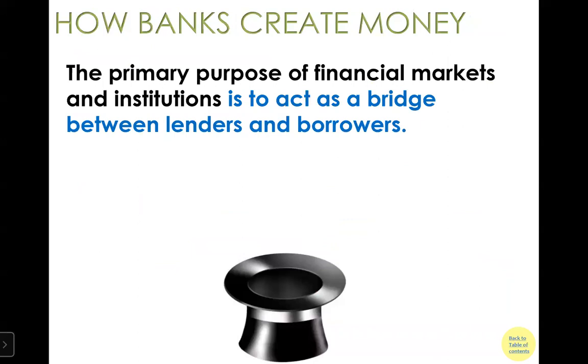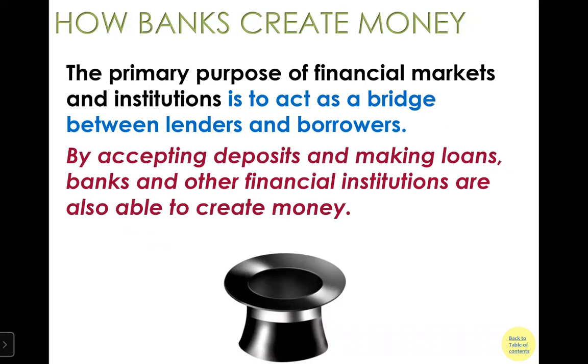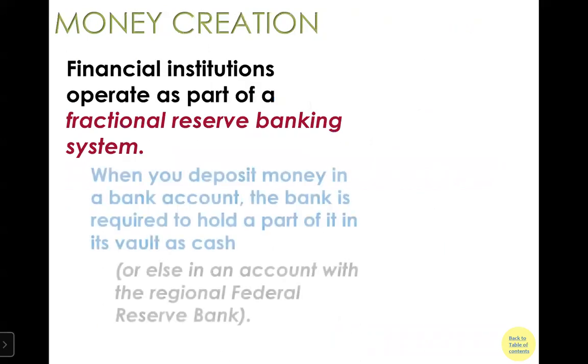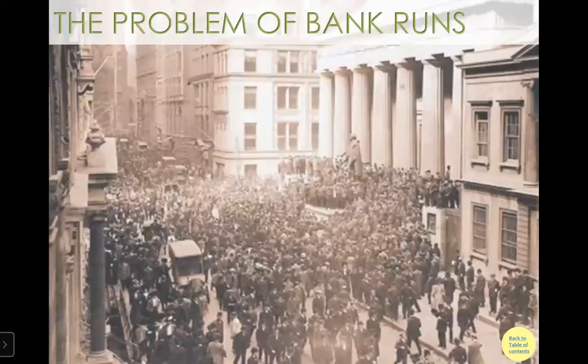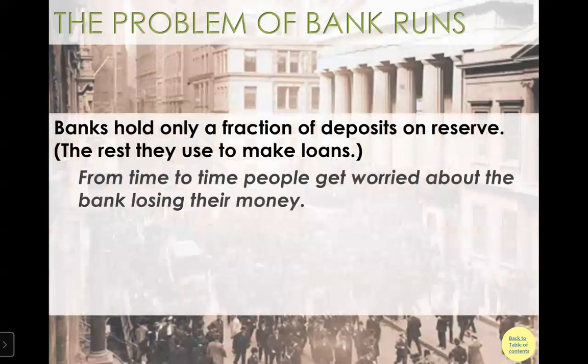All right, to summarize, the primary purpose of the financial market and its institutions, particularly banks, is to act as a bridge between lenders and borrowers. But throughout this process, the bank is going to create money. Right? Now, I'm going to skip the following few slides. I will come back to this later.